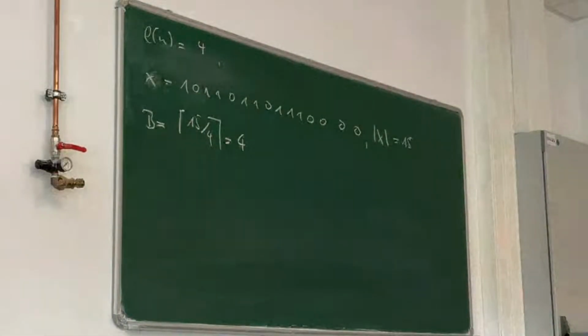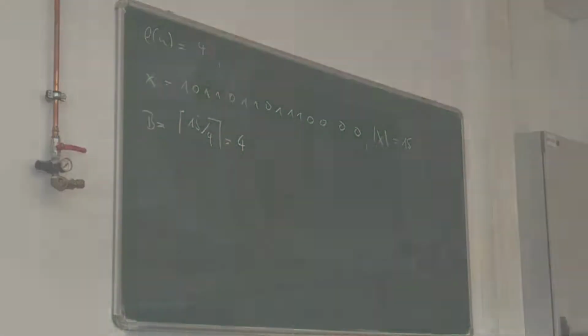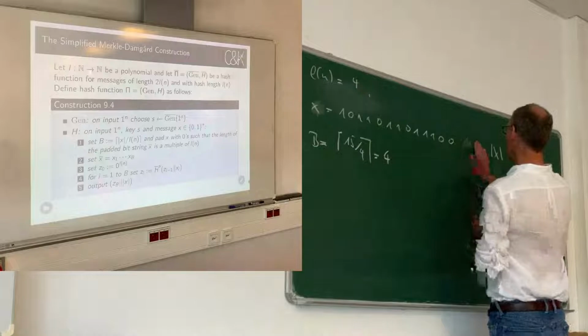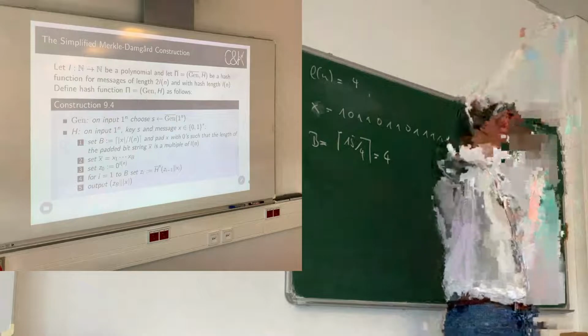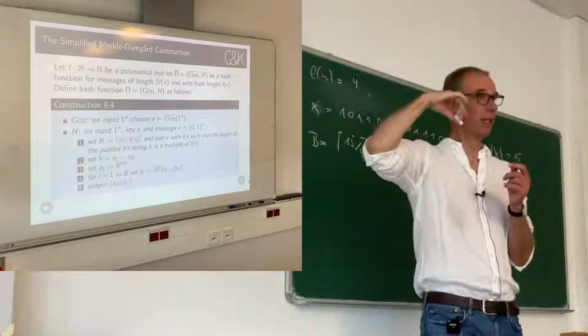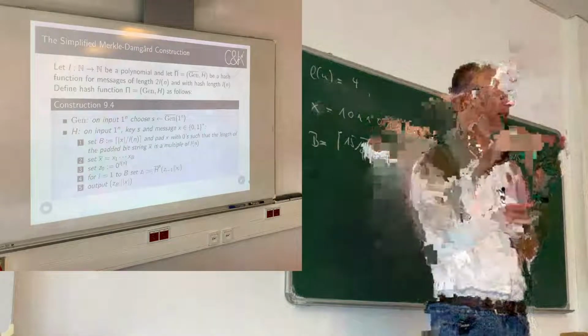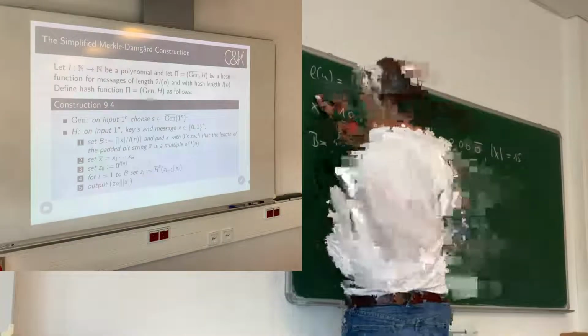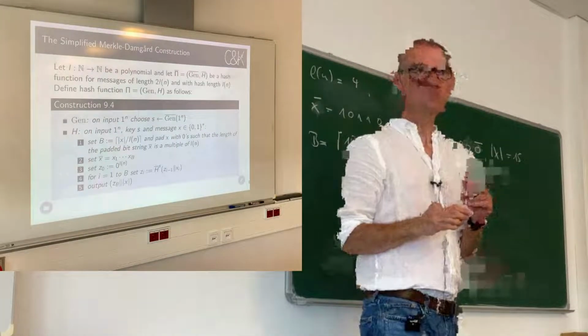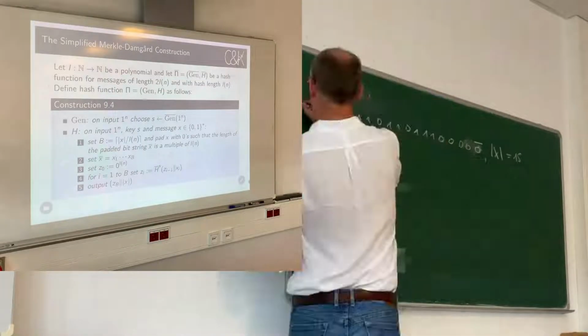Then I pad x with zeros such that the length of the padded bit string x bar is a multiple of L of n. Here I add 2 zeros, and I put a bar above the 0 to indicate that it's an extended x bar.